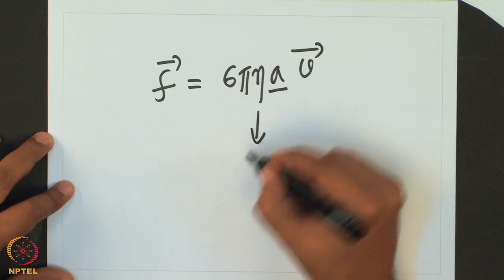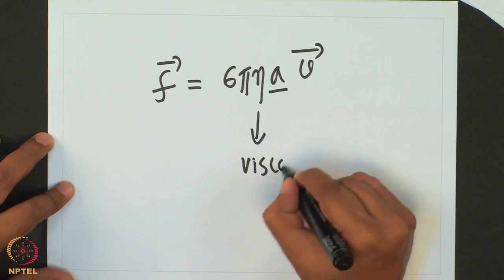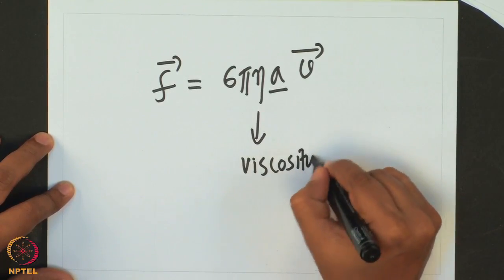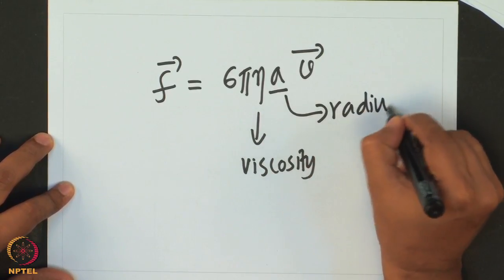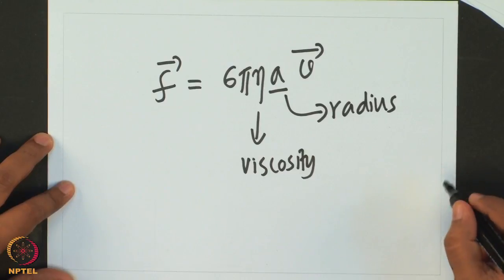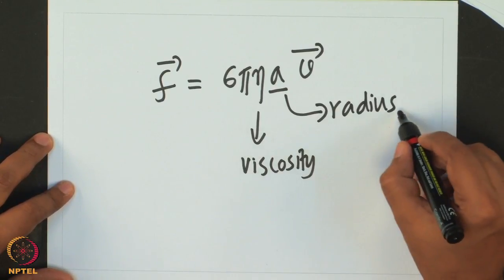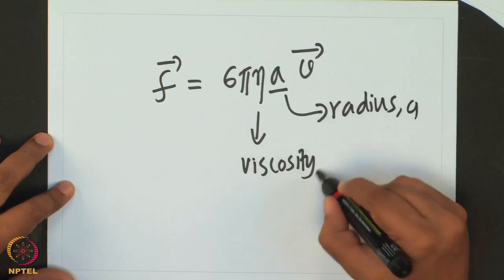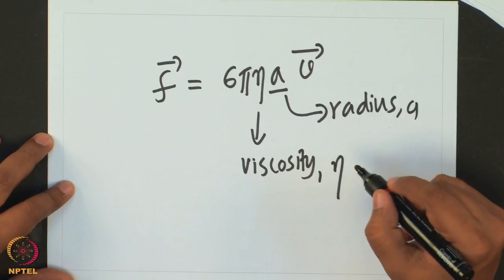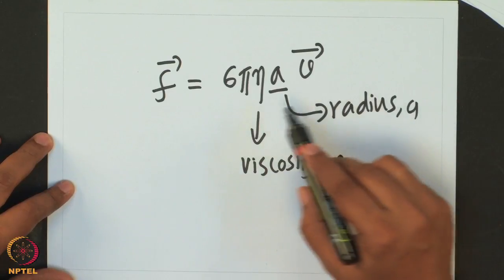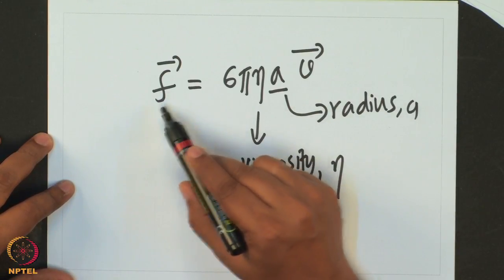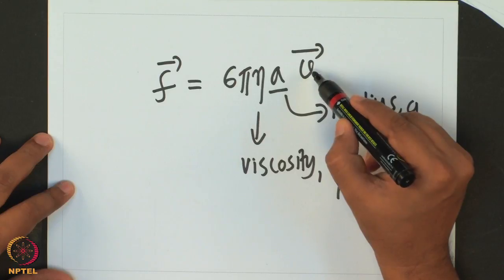So, this is viscosity and this is radius. So, you have viscosity eta and radius A, and given these two parameters, the force F would lead to a velocity v.